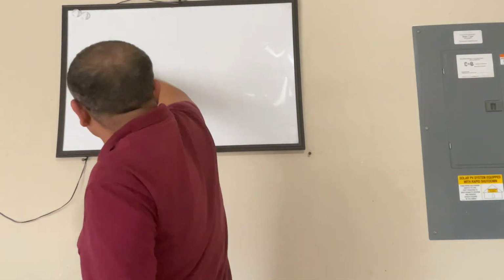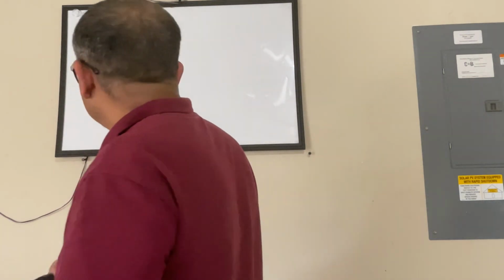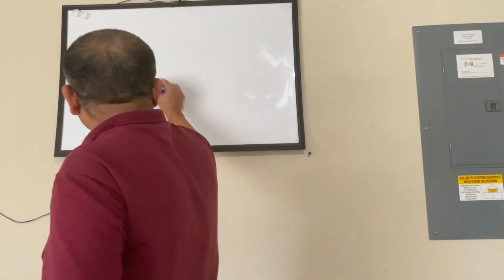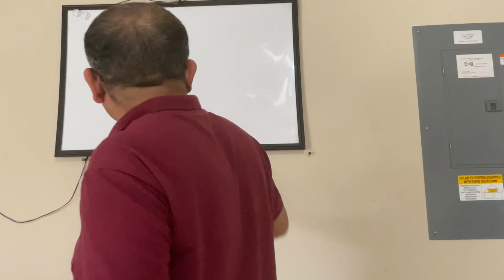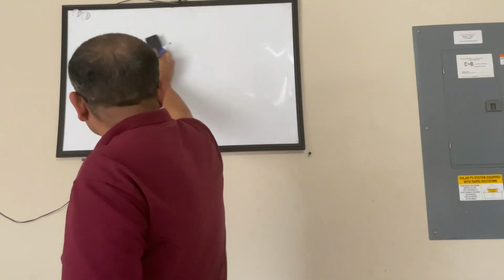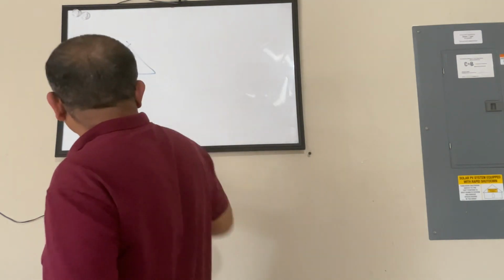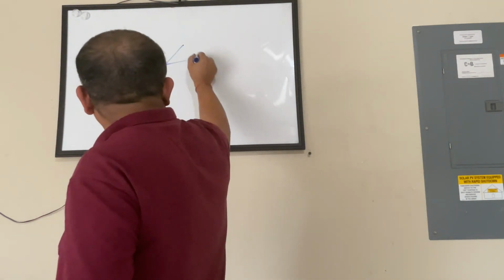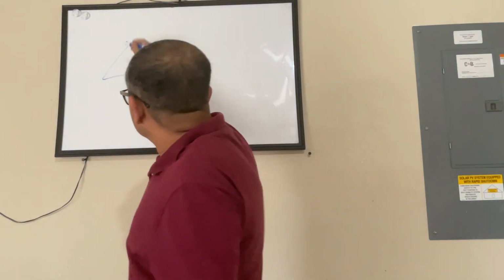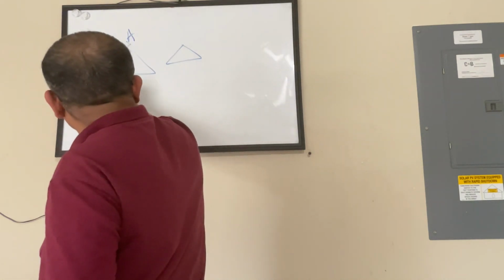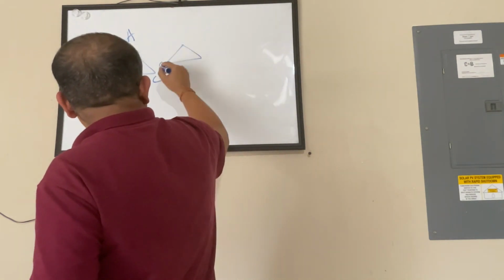But for you to remember this, let's look at something called a property of triangles. Let's say this is triangle ABC and triangle DEF.